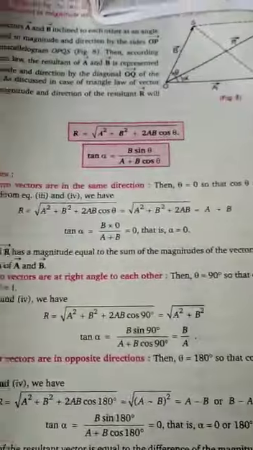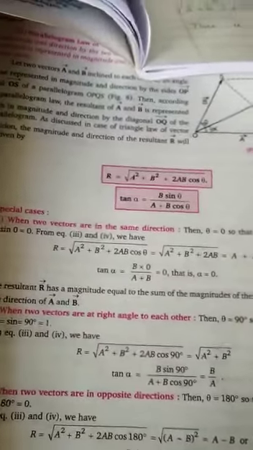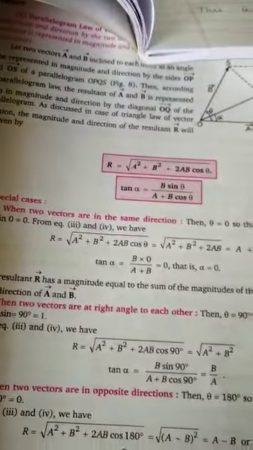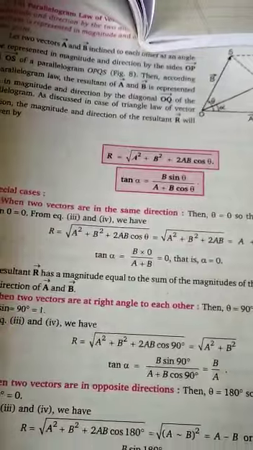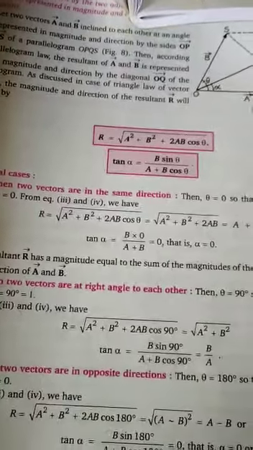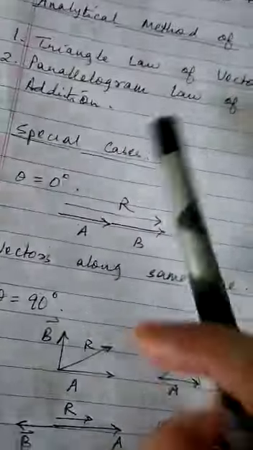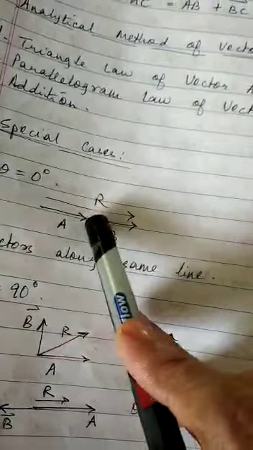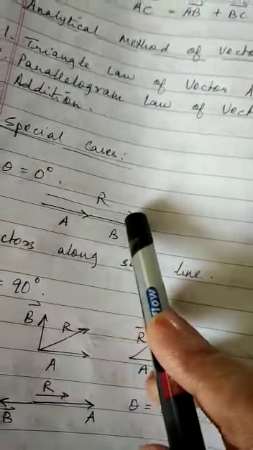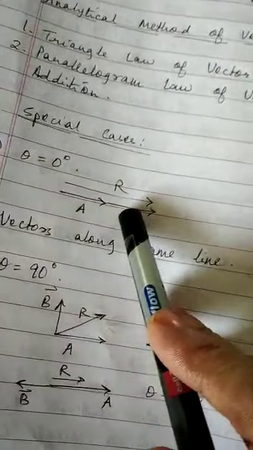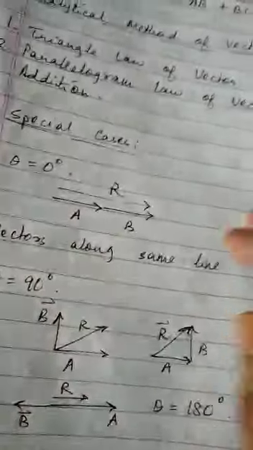So vector addition becomes similar to scalar addition, provided that the two vectors are along the same line parallel to each other. And then the angle alpha is 0, so the resultant vector R becomes parallel to A, and length of R is length of A plus length of B, and this is what it looks like.